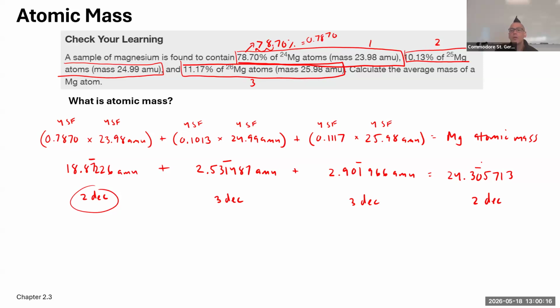So 1, 2, put the line here, and this is going to be in AMU. But since we have two decimal places, it's going to be 24.31 AMU, atomic mass units. And if you look at the periodic table, that is the atomic mass of magnesium right there on the periodic table.